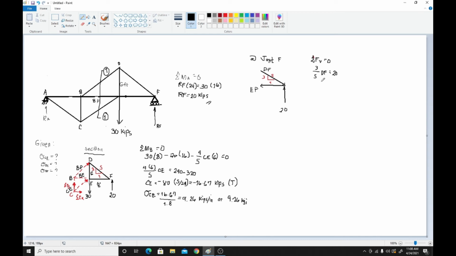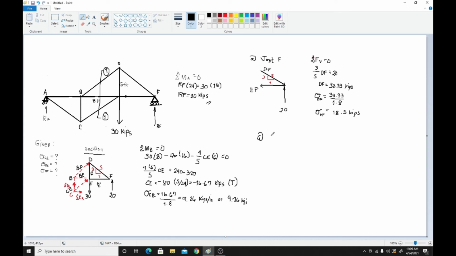Therefore, DF is equal to 33.33 kips. Then to calculate the stress at DF, 33.33 over 1.8 is equal to 18.5 KSI. And again, the value of DF is in compression.